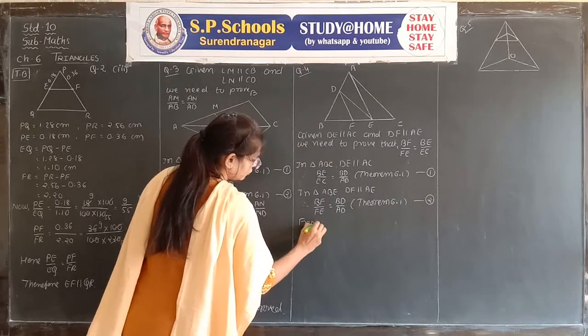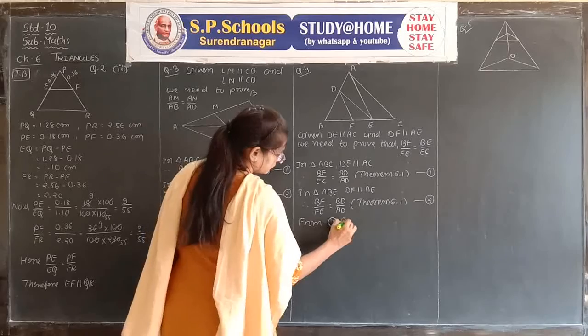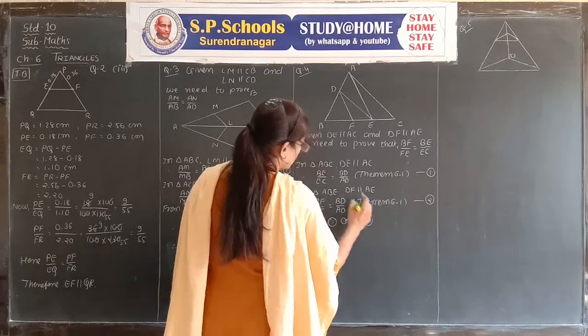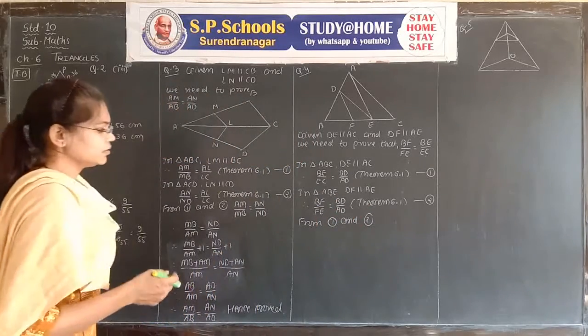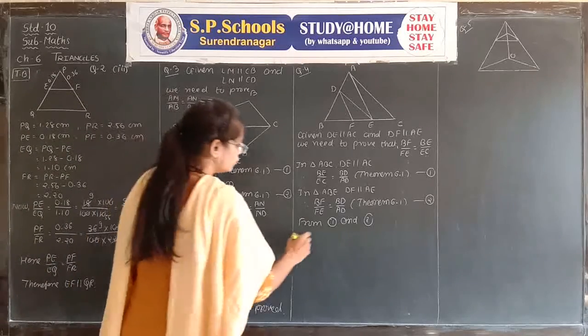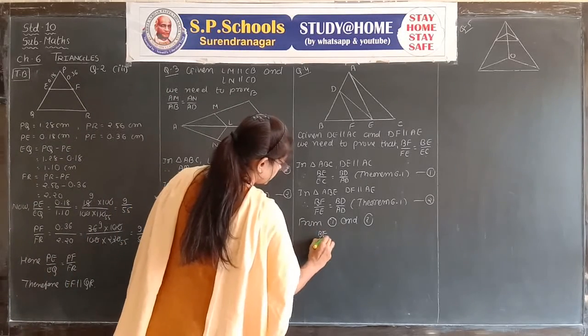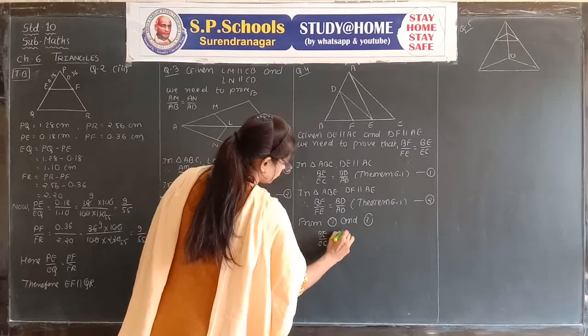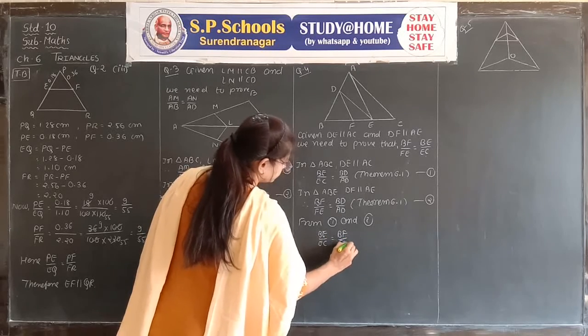Now from 1 and 2, the right hand sides are the same, so the left hand sides are also the same. BE upon EC is equal to BF upon FE.